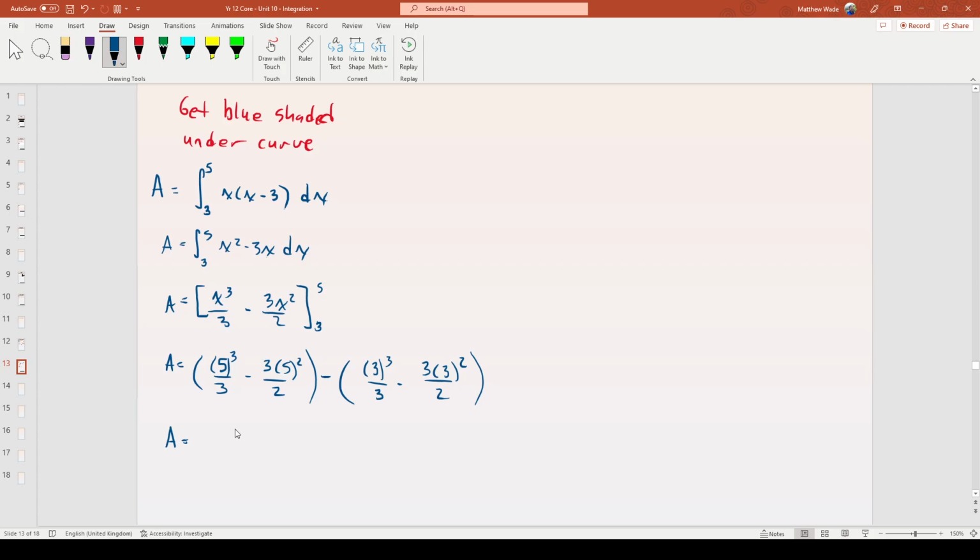Here we go. So 5 cubed, over 3, minus 3 brackets, 5 squared, over 2, close major bracket, open little bracket, 3 cubed over 3, minus 3 times 3 squared over 2.